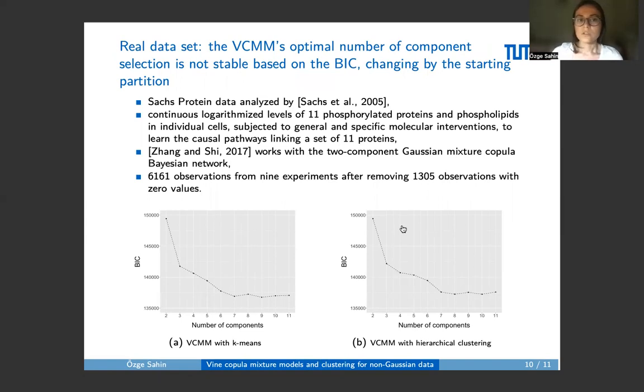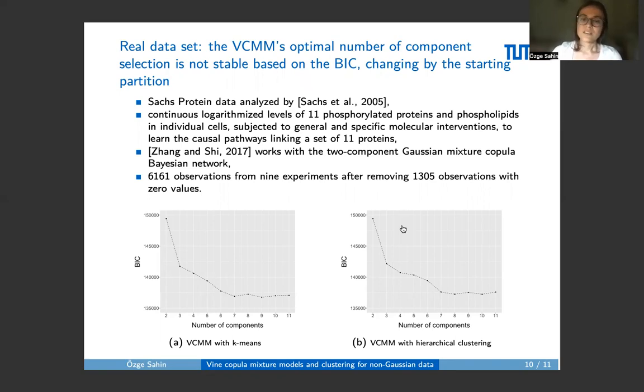But I will just focus on one real data set, where we analyze the stability of our algorithm in selecting the optimal number of components based on the BIC, because we see that it changes with the starting partition. We start by analyzing the Sachs protein data, which contains continuous logarithmized levels of 11 proteins in individual cells, which were subject to chemical interventions to learn the causal pathways linking these 11 proteins.